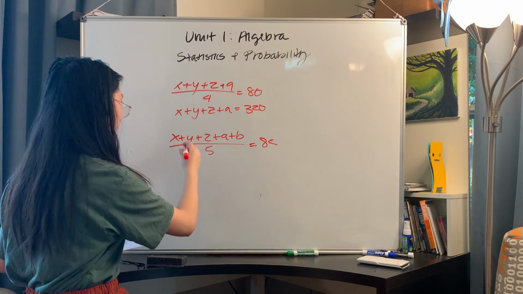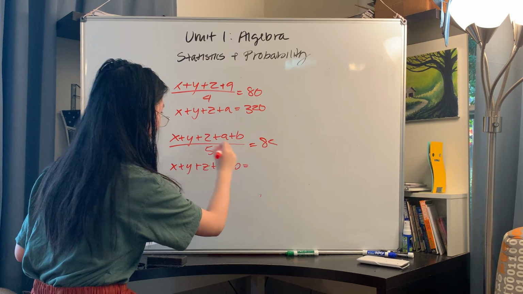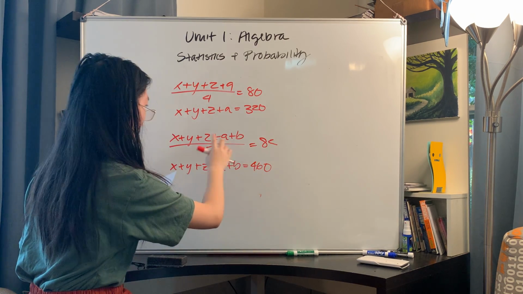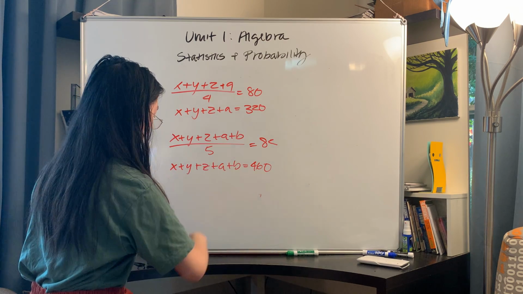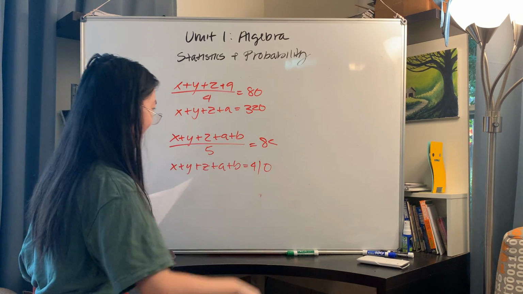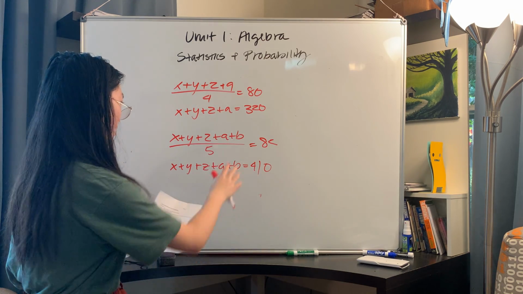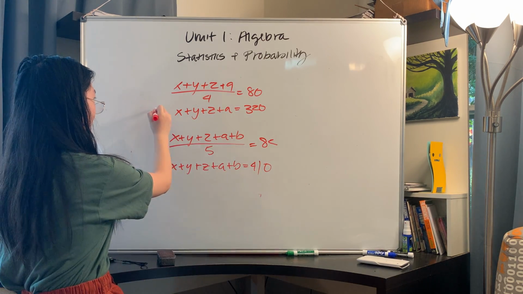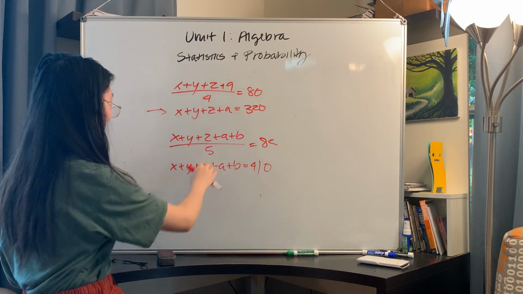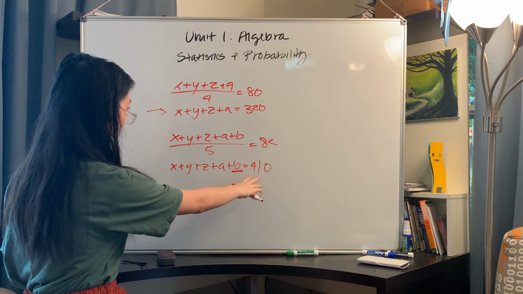So we know that the sum x + y + z + a + b must be equal to 410. So the sum of our first 4 tests was 320, and after taking test b, she wants to have a sum of 410.